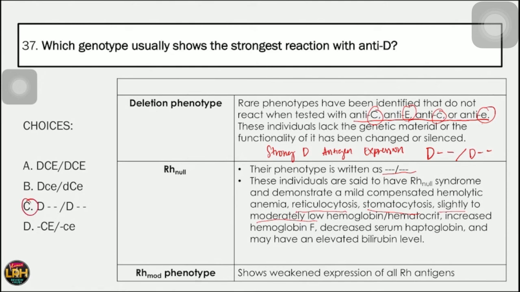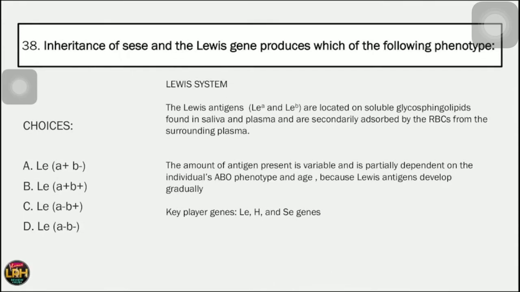For number 38, the inheritance of the Se/se and the Lewis gene produces which of the following phenotypes? So we have the Lewis blood group system, one of the most unique blood group systems. It produces the antigens Lea and Leb, which are located on soluble glycosphingolipids found in the secretions and plasma.